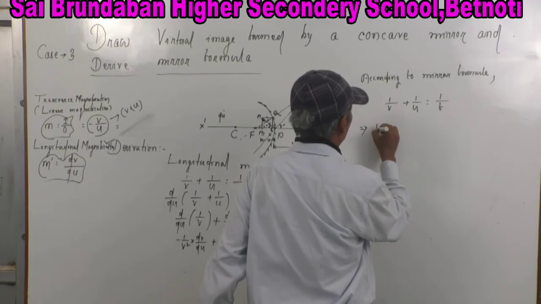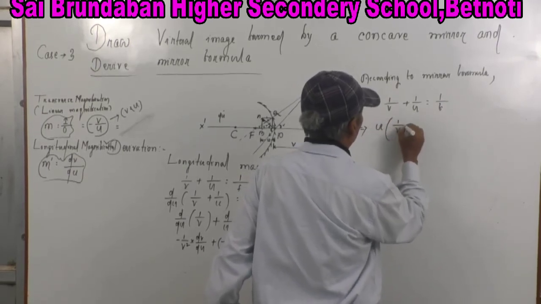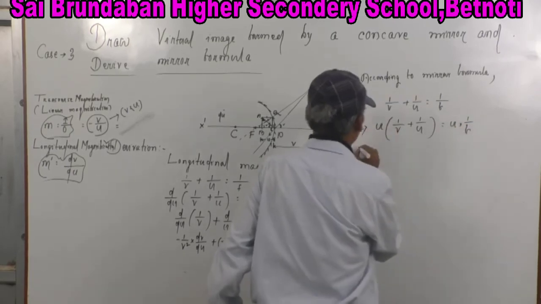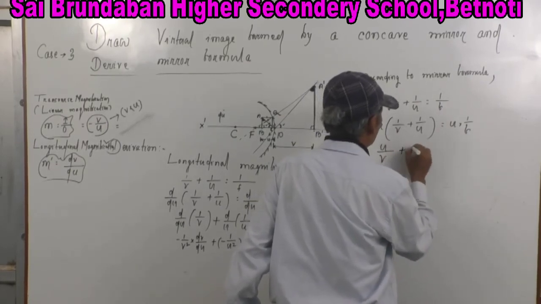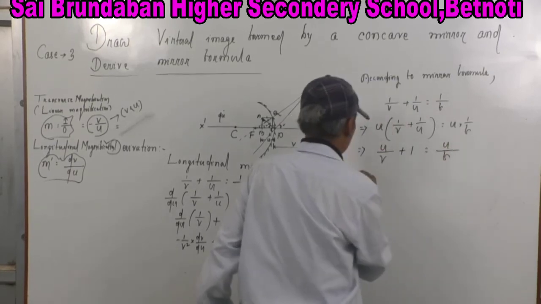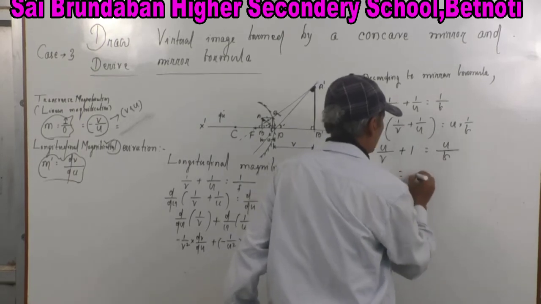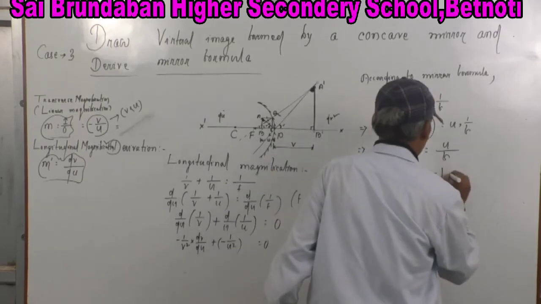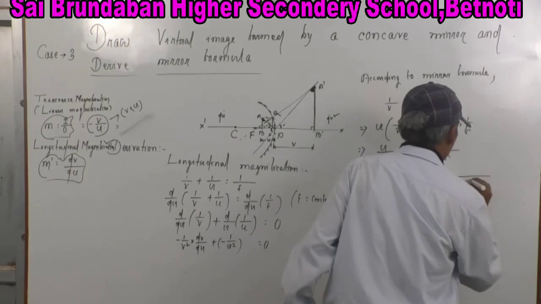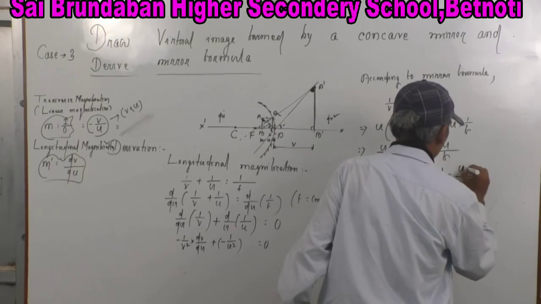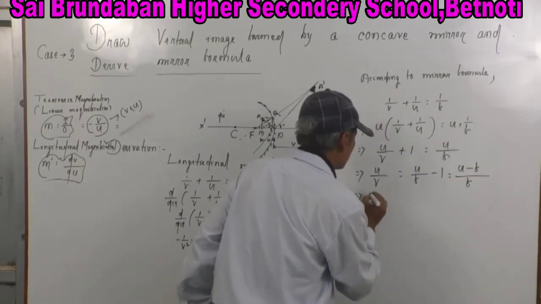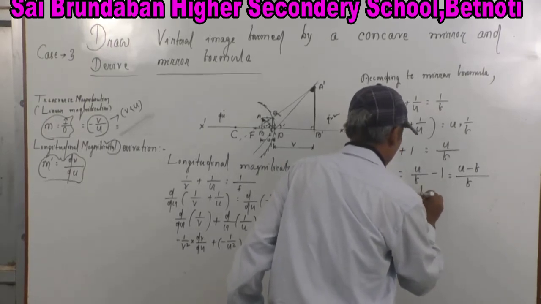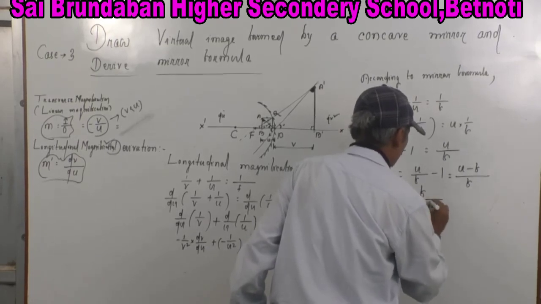Just multiply by u. u by v plus 1 is equal to u by f, implies u by v is equal to u by f minus 1, implies v by u is equal to f by u minus f.